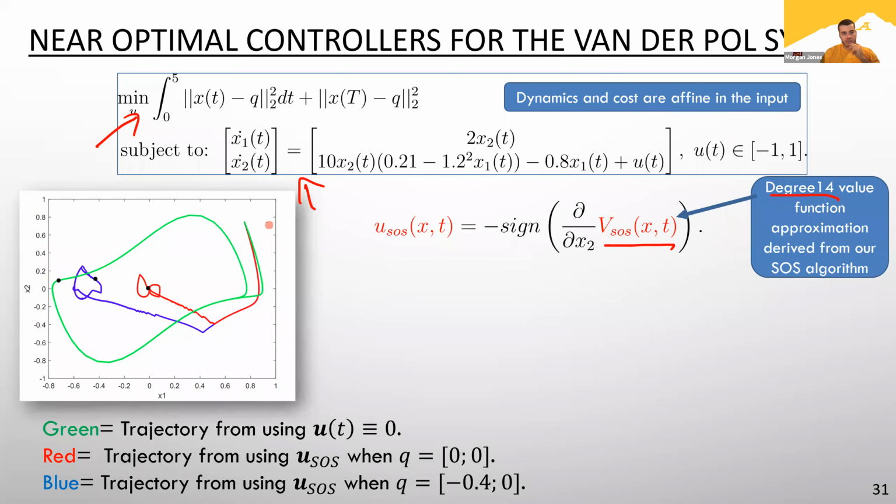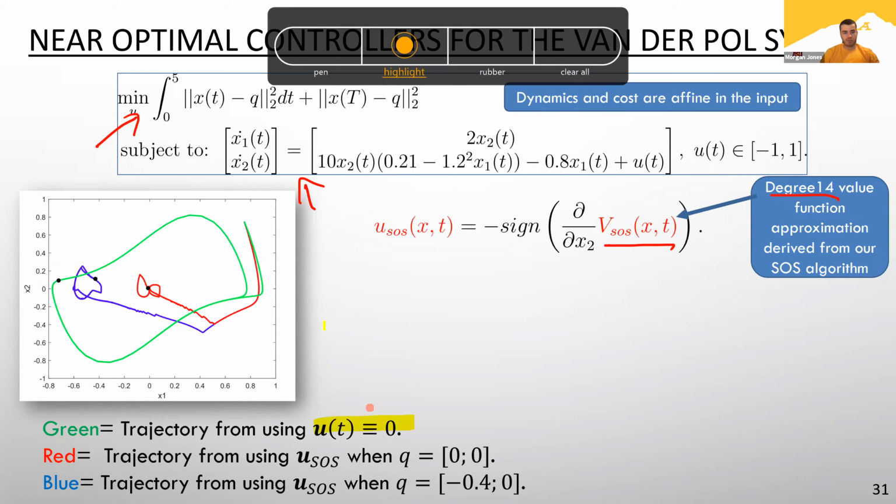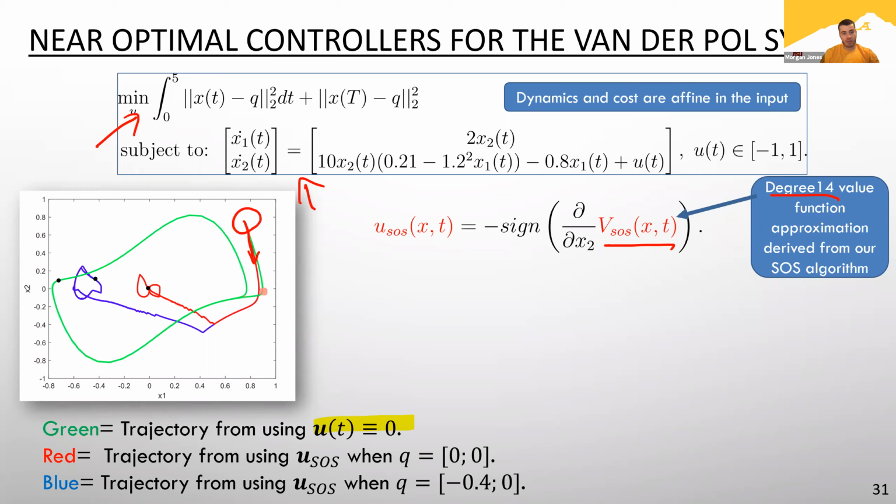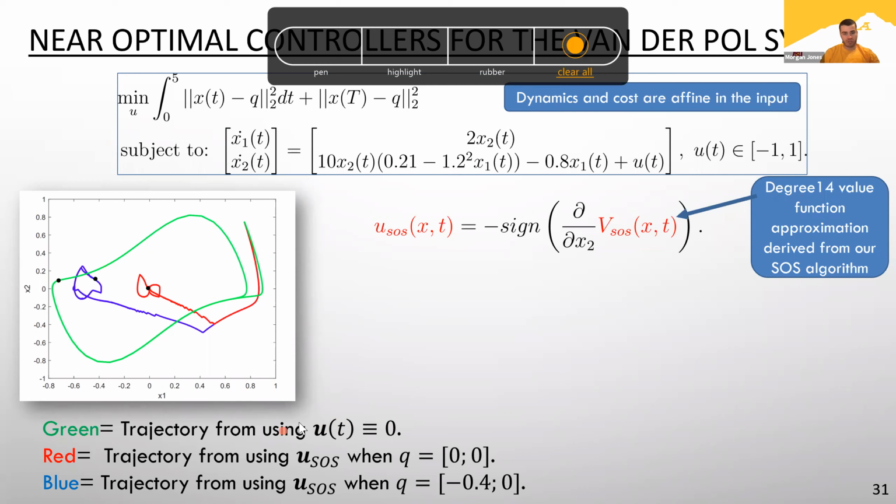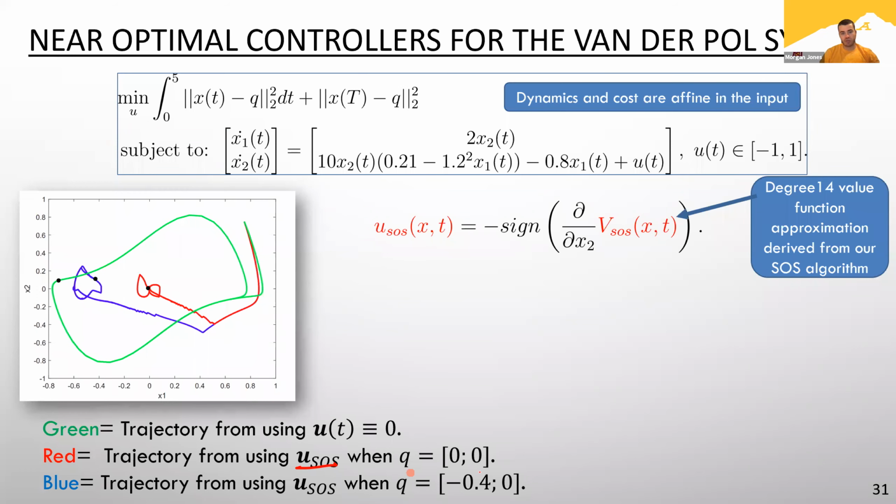So in this graph, you can see that the green trajectory corresponds to just using an input of 0. The trajectory is initialized up here, and it goes around to create the classical van der Pol oscillator. The red trajectory corresponds to the derived controller from our SOS programming problem when q is the origin.